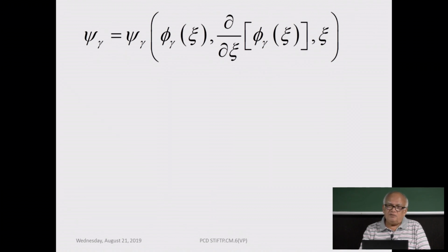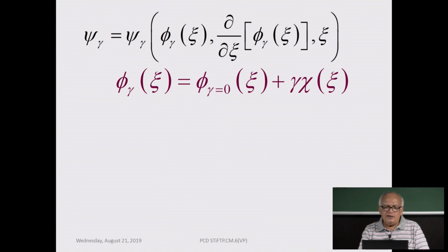So that is the nature of this function, and it can be the action that we have talked about in the context of mechanics, but it can be something else also. So this is a very general formalism due to Euler, and you now have a dependence of phi on xi, but then it depends on a control parameter gamma. How do you describe this?